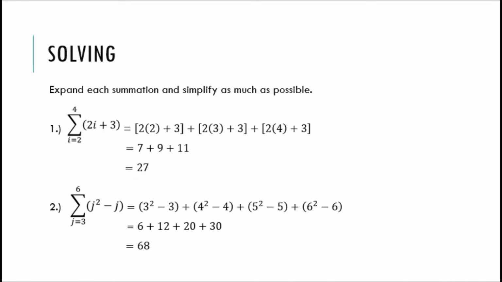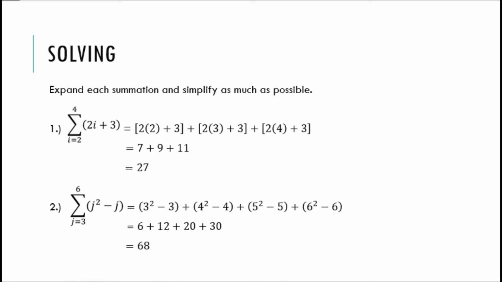For the next example, we have the summation of j squared minus j from j equals 3 to 6. So it tells us that it starts at 3 and ends at 6. So what we need to do is substitute the starting index, which is 3, into the expression. So if j is equal to 3, then that will give us 3 squared minus 3, which is 6.